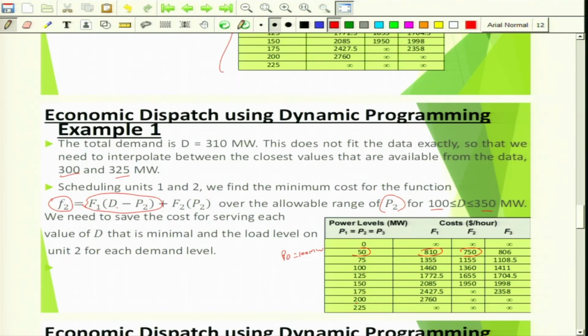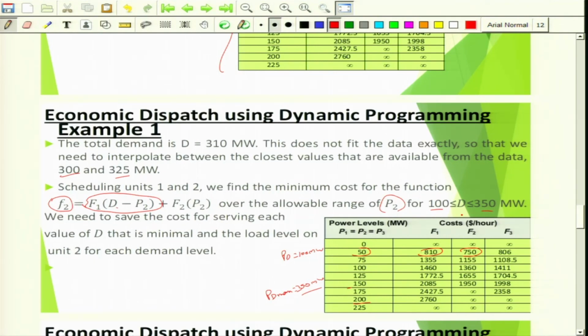From P1 you get 200, which is the maximum above which it is not possible to generate, and for P2 you get the maximum as 150. So 200 plus 150 will give you PD maximum as 350 megawatt. So for the allowable range of P2 you have the demand variation from 100 to 350 megawatt.